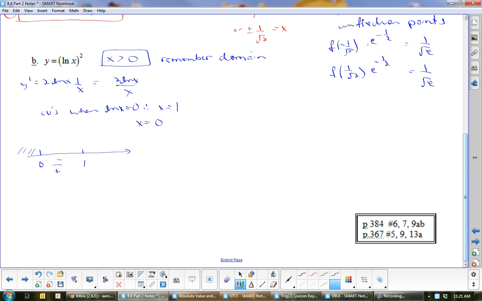If I used a half, I should put half down there. So that gives me a negative. And if you put in anything greater than 1, like 2, ln 2 would be a positive over a positive, so I got a positive there. So we're going down, and then we're going up.